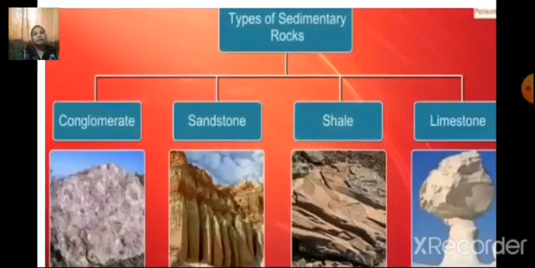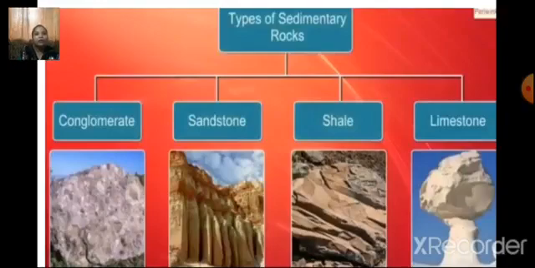Before that, sometimes during the formation of sedimentary rocks, as they are formed layer by layer, some creatures get trapped inside these layers, either a leaf or a skeleton of a creature, and they form imprints. These are called fossils. So fossils are formed during the formation of sedimentary rocks.